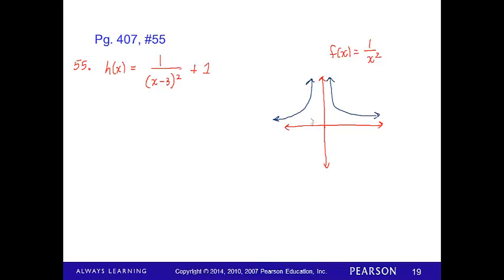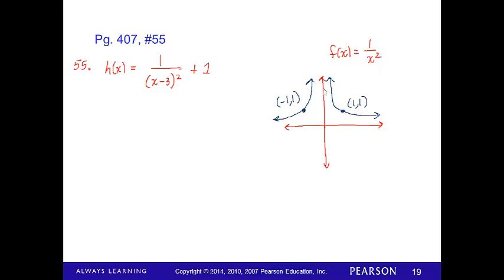And what we're going to do is basically pick some points off of it. So let's pick the point 1, 1. Now how do we know that point is there? Because we can plug 1 into the function and we'll get 1 back. And let's also pick the point negative 1, 1. Again, plug negative 1 in for x and you'll get a 1 back.